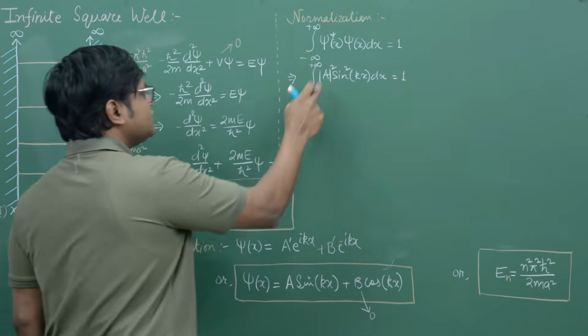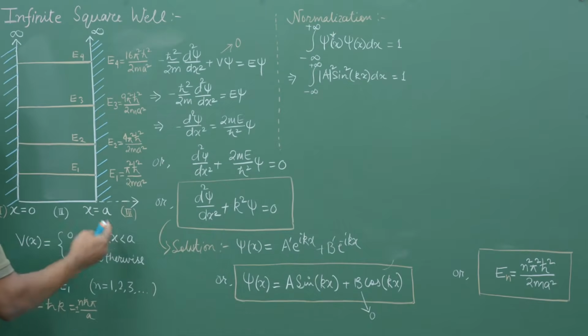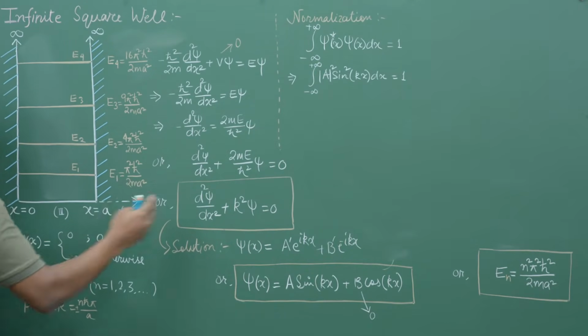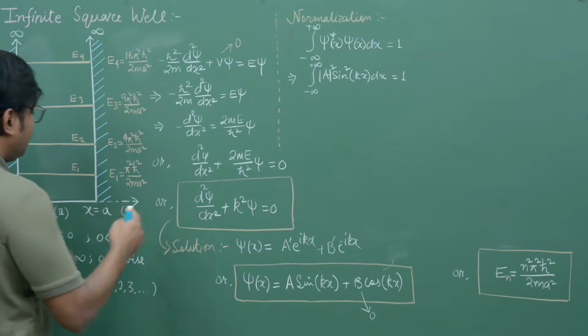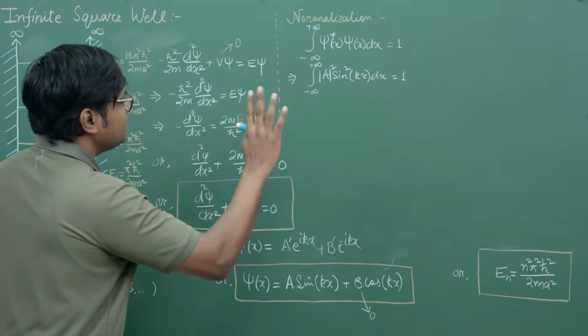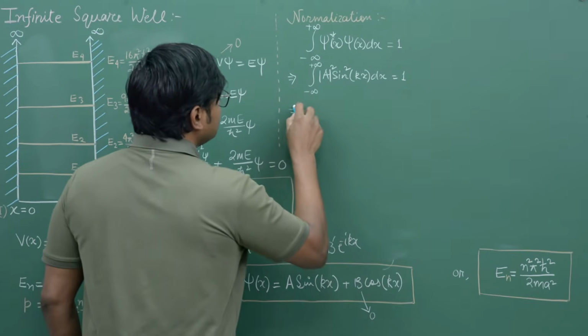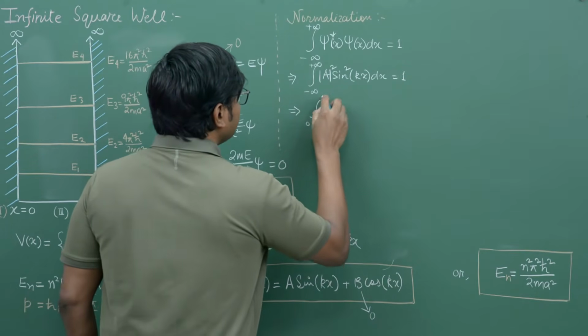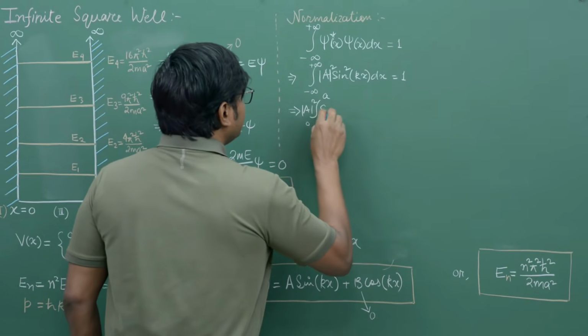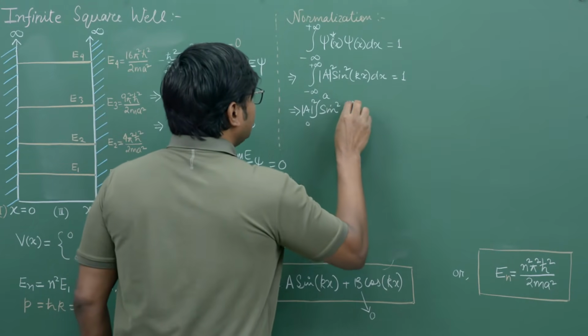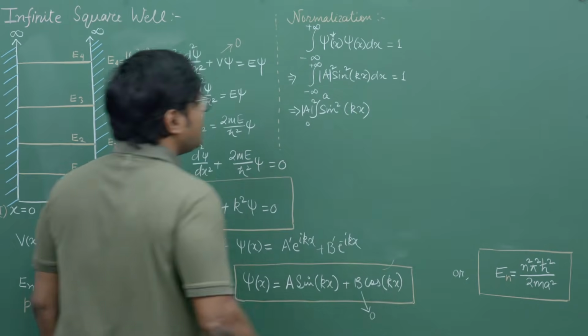The integration is from minus infinity to plus infinity, but the particle cannot exist beyond x is equal to a and x is equal to 0. So the integrals for those regions anyway come out to be 0. So I am only concerned with the integration from 0 to a of mod A square sine square kx. What is sine square something?